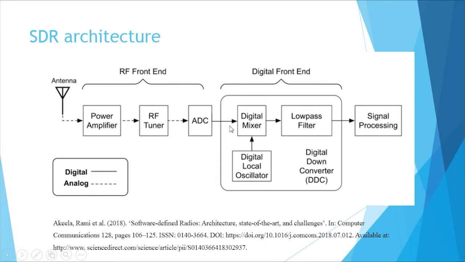Just to give you an introduction, this is a very simple antenna used to capture the radio signal, and then it gets converted from analog to digital by the ADC, and then it goes to the digital mixer. This part is a bit complicated and out of the scope of this presentation, but what it does is create two signals, one complex signal: the imaginary part and the real part.